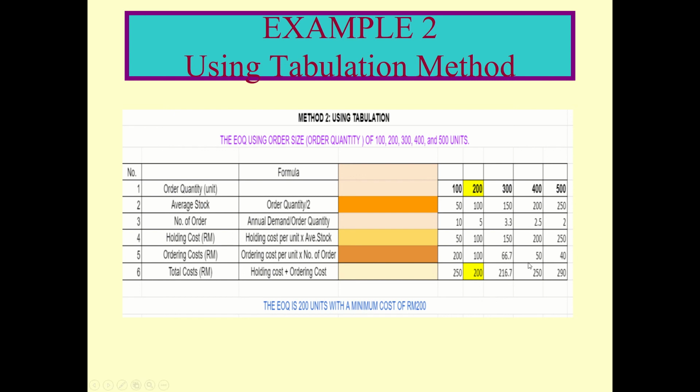Okay. And the last one, 20 is the cost of ordering per unit times with the number of order 2. So equal to 40 ringgit. So that's the ordering cost for each order size or order quantity, ya.